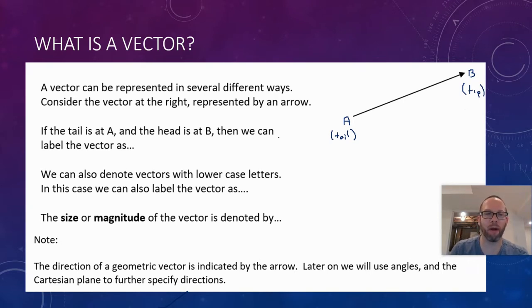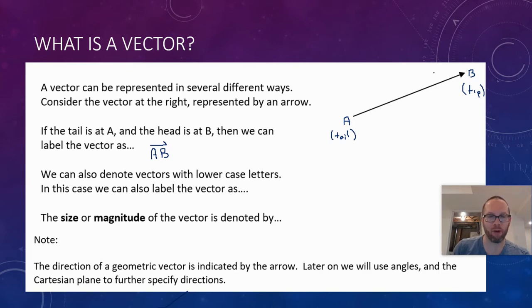So this vector we could label as vector AB. When we're talking about a vector, we use this little half arrow vector sign above it. If we just had AB, that would just denote the line segment AB. AB with this vector symbol above it indicates this is a vector. Its direction is from A to B.